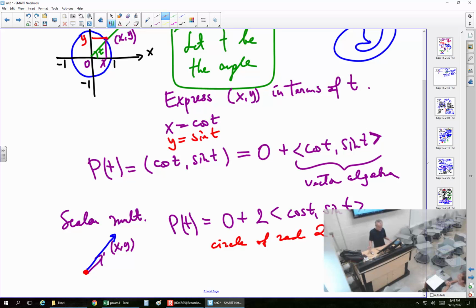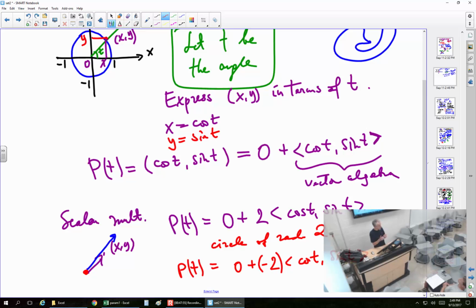You can multiply by any number. Incidentally, if I multiply by negative 2, what's going to happen? It's still going to be a circle of radius 2. It will be the same exact thing, even though you might ask yourself, what is the difference? Well, the initial point will change.